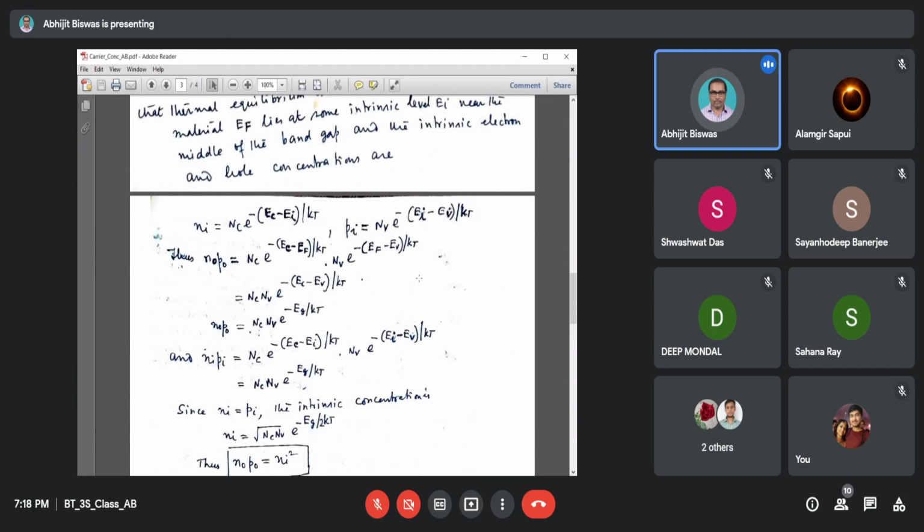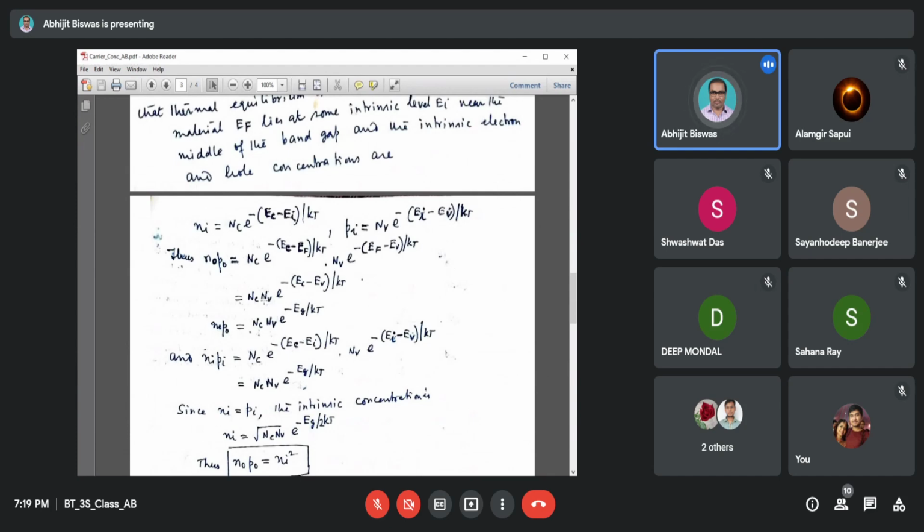Similarly, the intrinsic hole concentration Pi is NV into e to the power minus (EI minus EV) divided by KT. EI is also at a higher position compared to EV. Again, the quantity within the bracket is positive, but outside it is negative, so the overall exponent is negative. Therefore, you can easily conclude that Pi is also much less than NV.